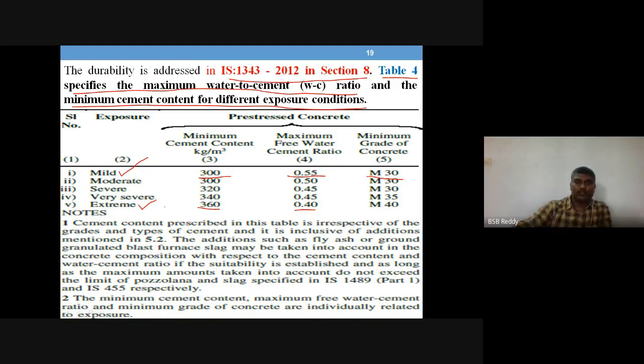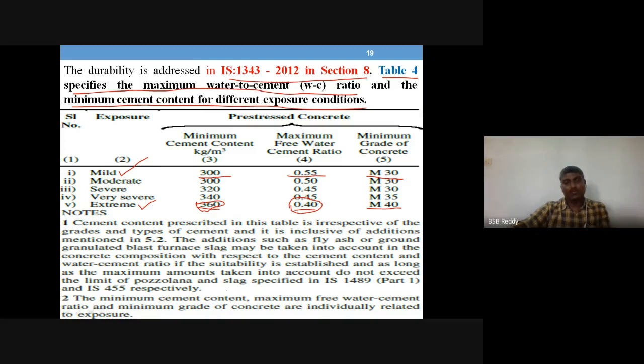So for the case of extreme exposure, the minimum cement content that you shall use is 360 kg per cubic meter of concrete, and the maximum water cement ratio shall be 0.4. You can't go beyond 0.4 for extreme exposure condition. Also, the grade of concrete shall be M40. You have to use M40.